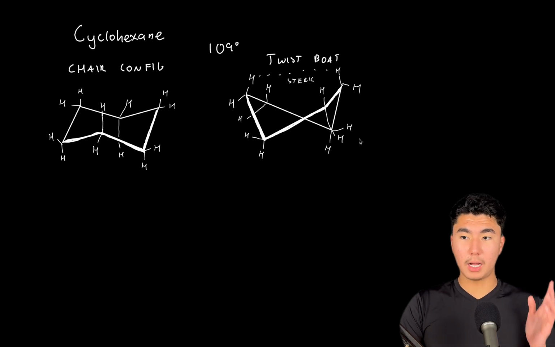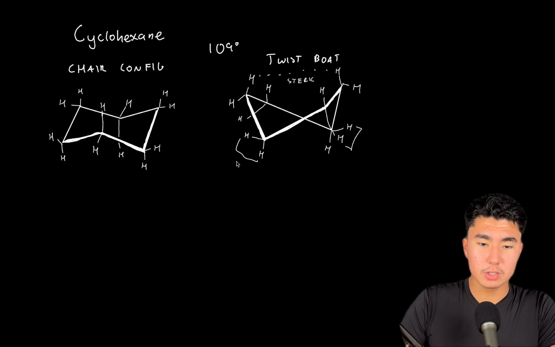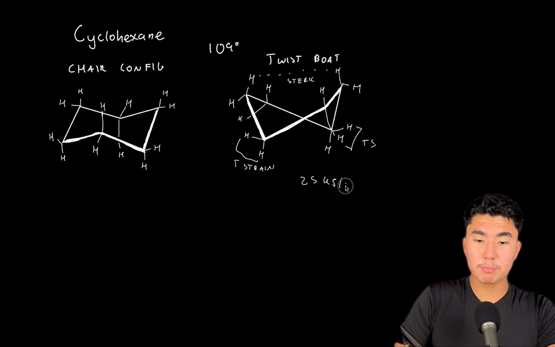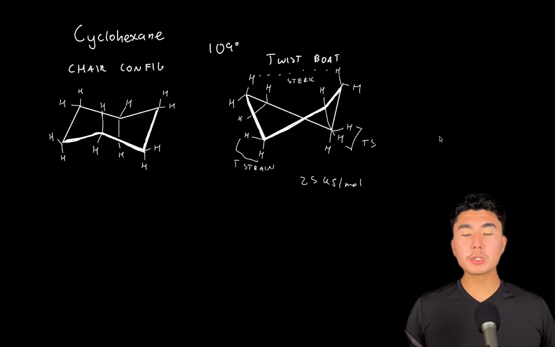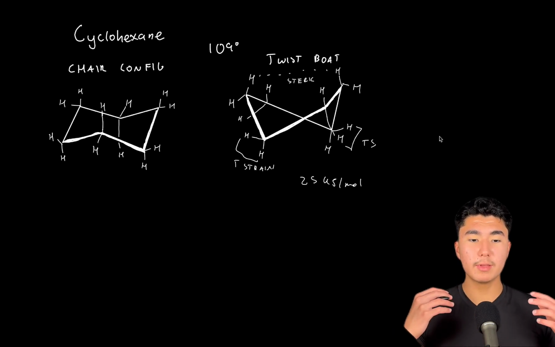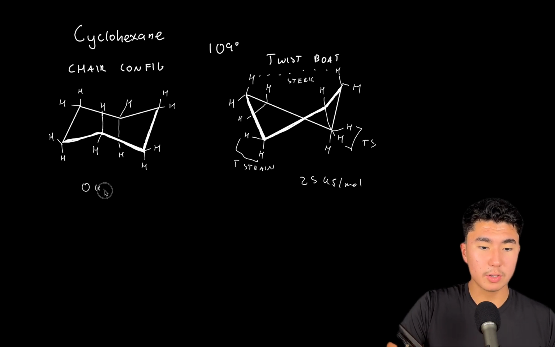And with these hydrogens, these two over here and these two over here, we're going to experience torsional strain. So I'll write T strain, and model this as TS. This comes out to 25 kilojoules per mole of torsional and steric strain, which is not what we want. With the chair configuration, we have 0 kilojoules per mole of strain.